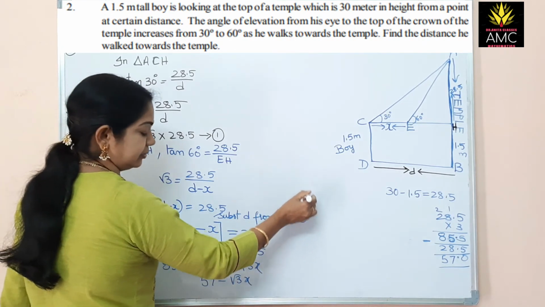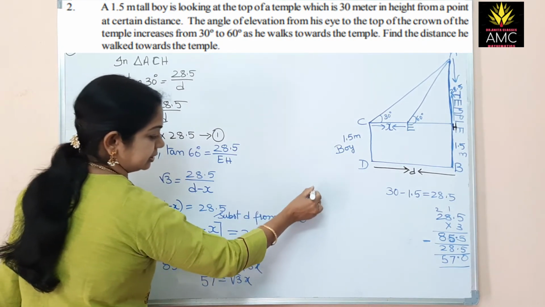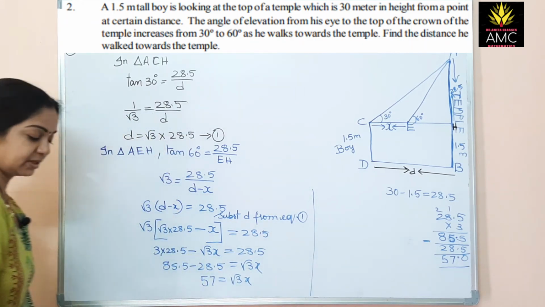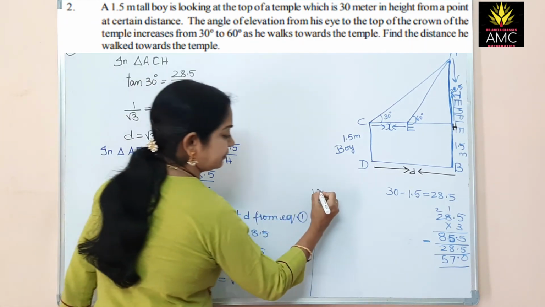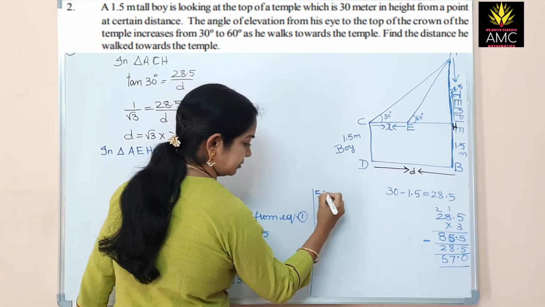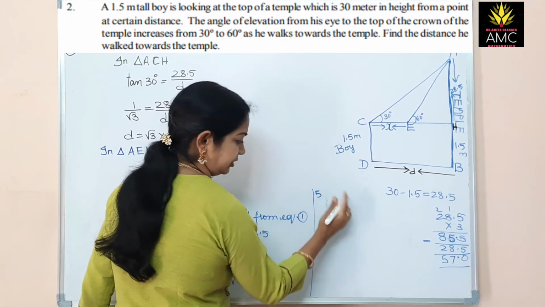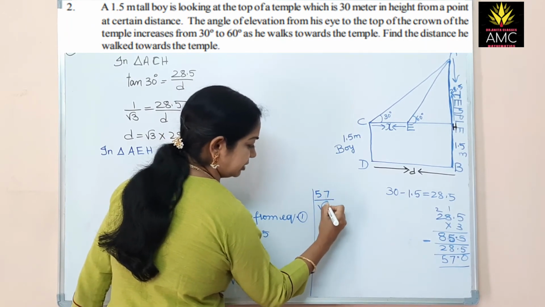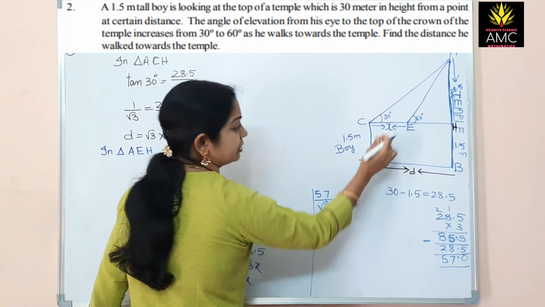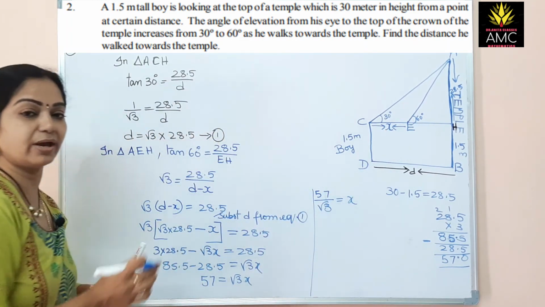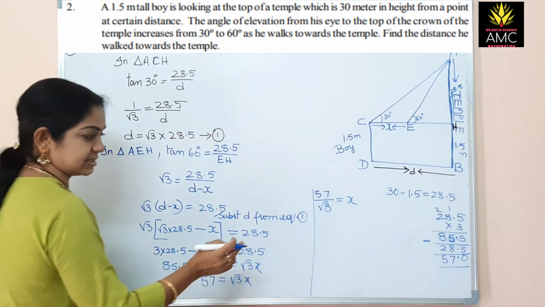Now I'll divide here, the upper part. 57 divided by root 3 is equal to x. Now x only we want, the distance the boy has moved towards the temple, that has been asked, isn't it?